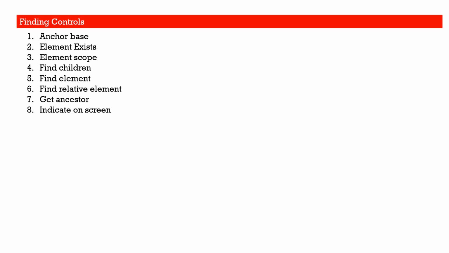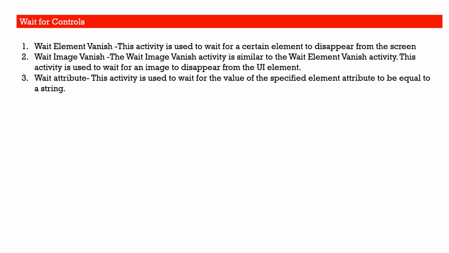Similarly, a web application could sometimes be slow or sometimes very fast, right? So what if in your workflow you have given a delay of 2 seconds and then the bot is trying to look for an element which is not there, right? So in those particular scenarios, there is a better way of doing it.